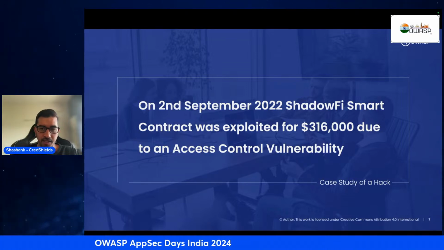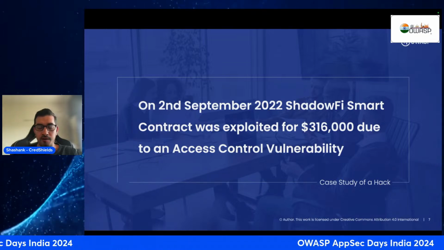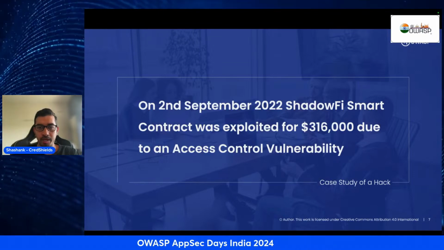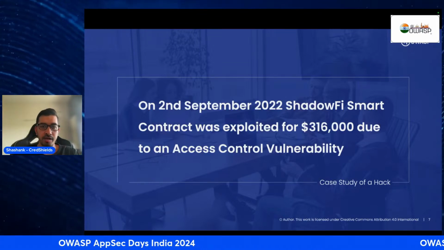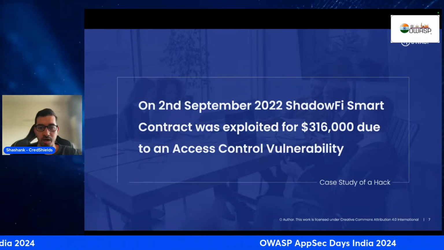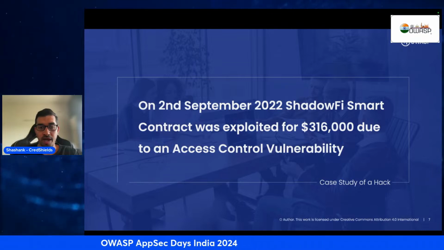Now, why I picked access control vulnerability as an example is because, if you talk about Web 2, it is pretty easy to automate cross-site scripting and SQL injection related vulnerabilities, because it doesn't require a lot of context. There is an error or it is being reflected in the body, you flag it.